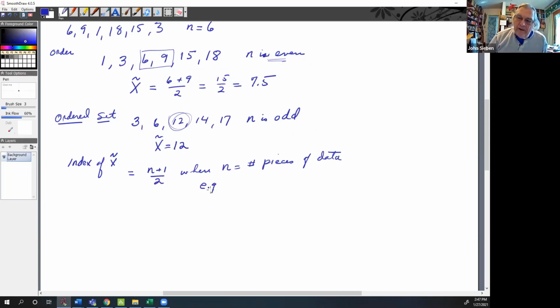So we'll say for example n was equal to, what was n equal to? 1, 2, 3, 4, 5, 6. n was equal to 6. So (n + 1)/2 would be 7/2, which is 3.5.